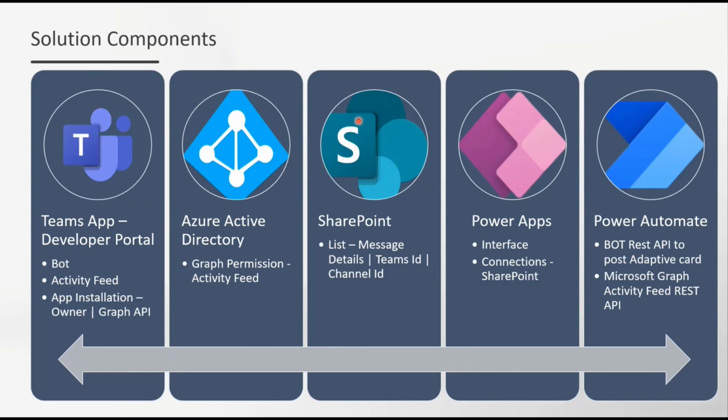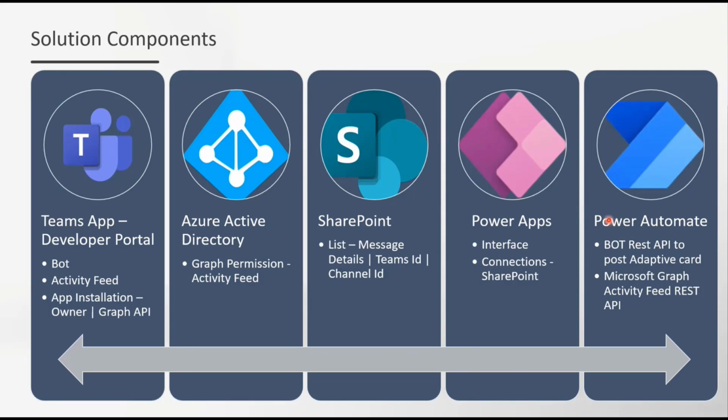And we have a couple of SharePoint Online lists. As I talked about in the previous slide, one is for storing the team's information, and the second is for storing the actual message. Then a Power App, which has the interface for the communicators or publishers, and then some connections to these lists.